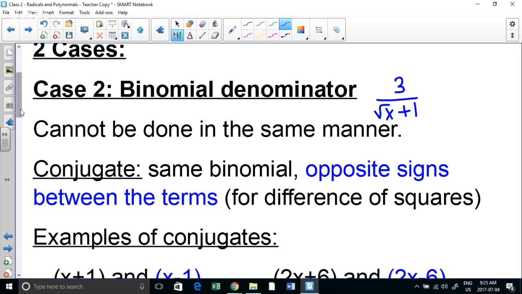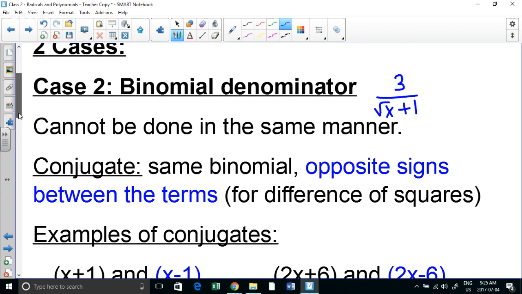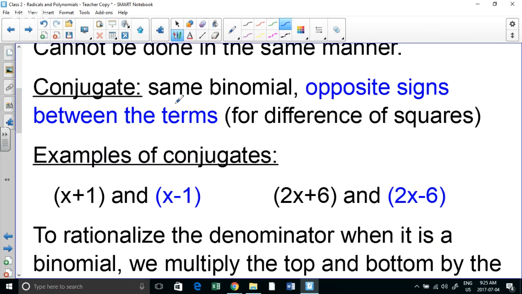So we are going to be using conjugates. A conjugate of a binomial is the same binomial, with opposite signs between the terms. For example, x plus 1. The conjugate of that is going to be x minus 1. Here you have 2x plus 6.